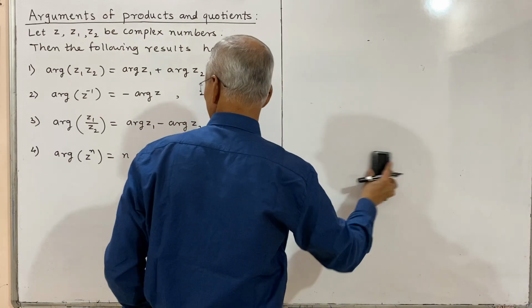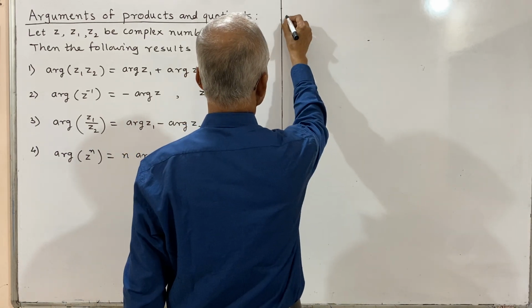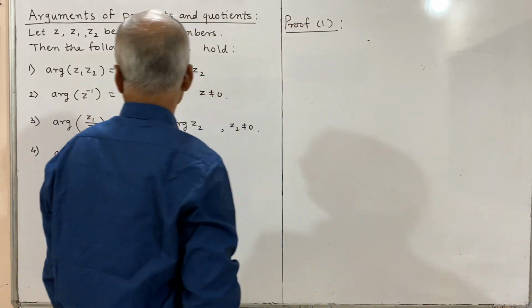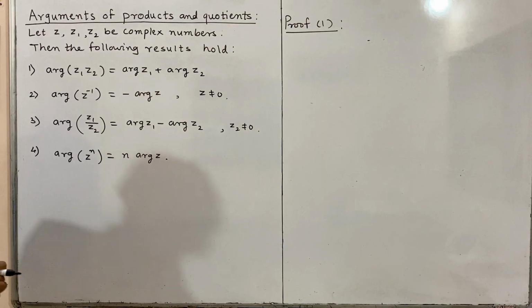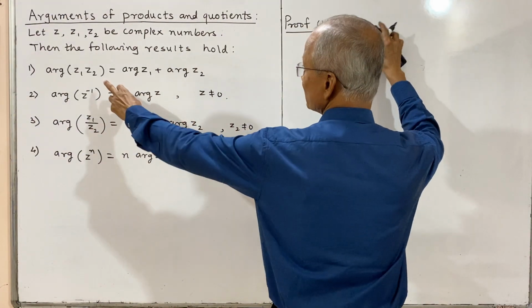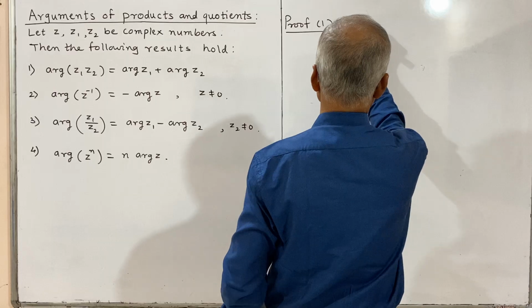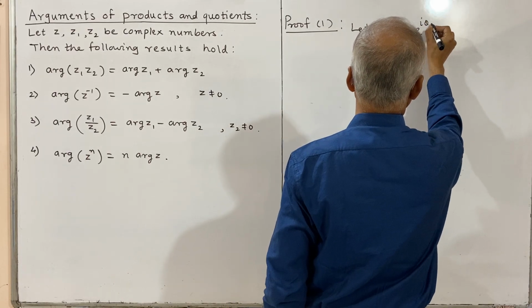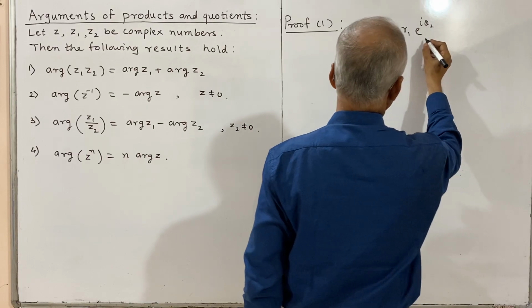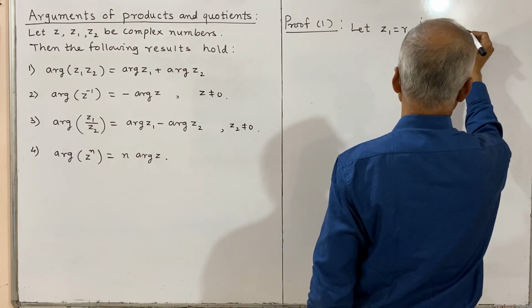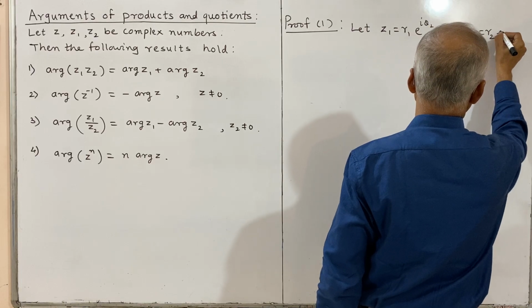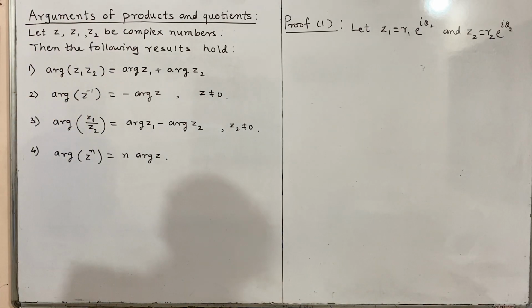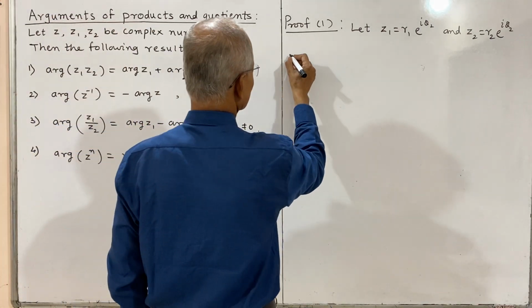The proof for the first. Let z1 equal r1 e power i theta 1, and z2 equal r2 e power i theta 2, be two complex numbers.